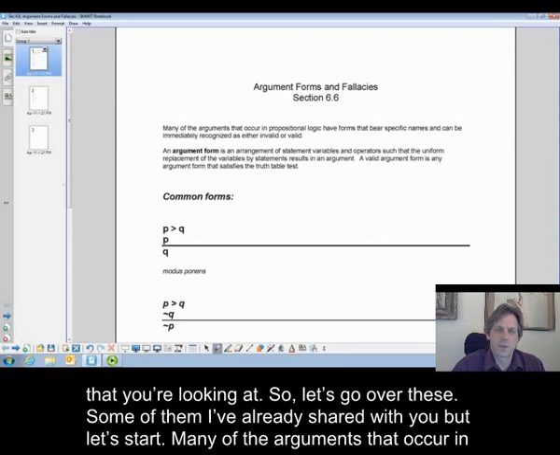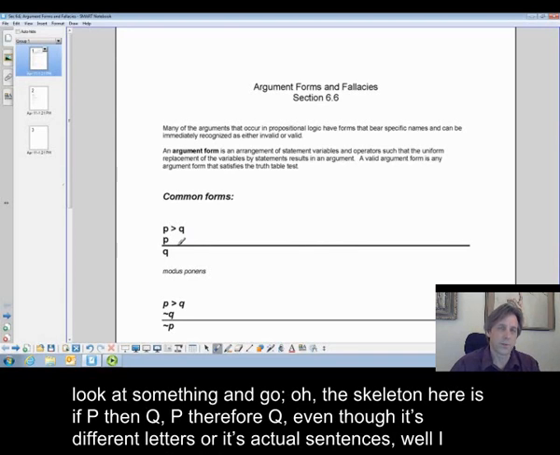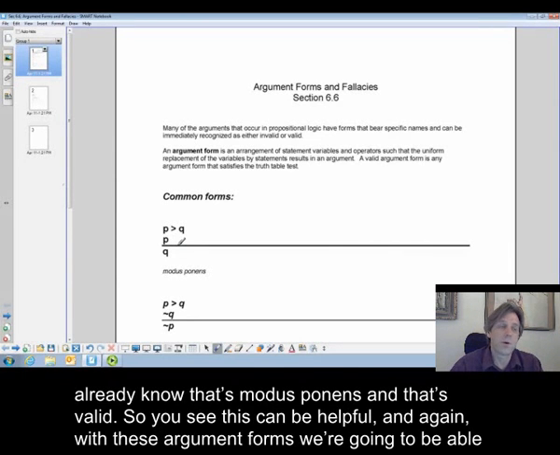Some of them I've already shared with you, but let's start. Okay, many of the arguments that occur in propositional logic have forms that bear specific names and can be immediately recognized as either invalid or valid, and that's helpful. If you can look at something and go, oh, the skeleton here is if P then Q, P therefore Q, even though it's different letters or it's actual sentences, well, I already know that's modus ponens and that's valid.